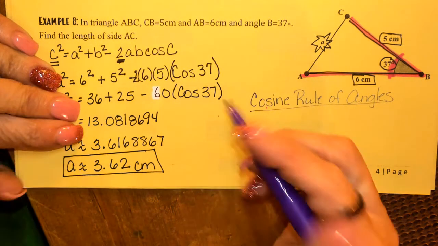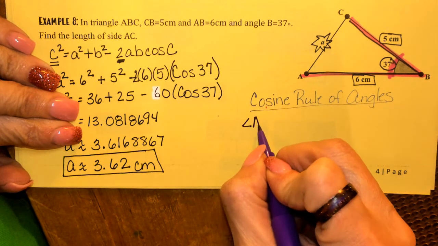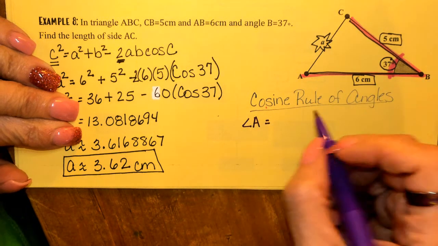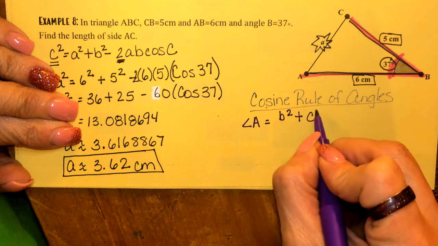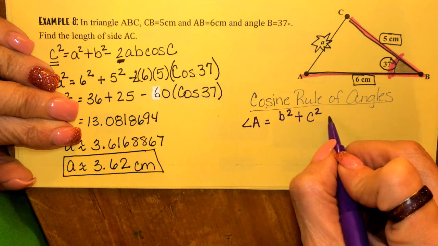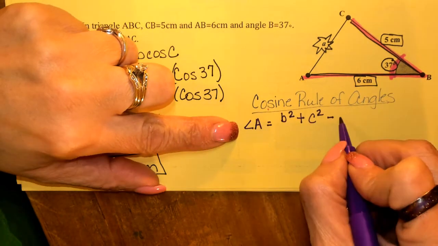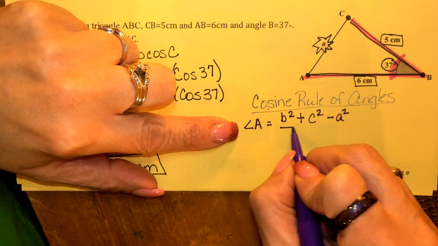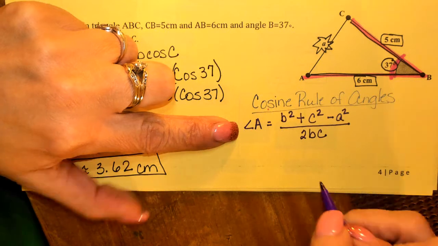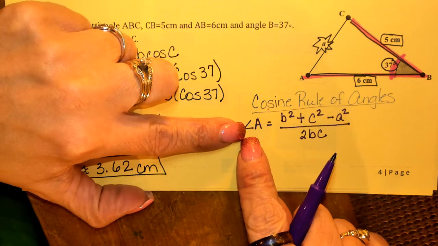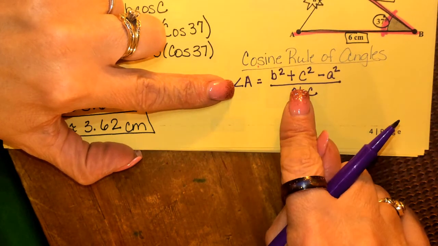All right, so here it is. If you need to know angle A, it is side B squared, plus side C squared, minus whatever side you've got, minus that side, all divided by 2BC. So whatever angle you're trying to find, it's this right here.